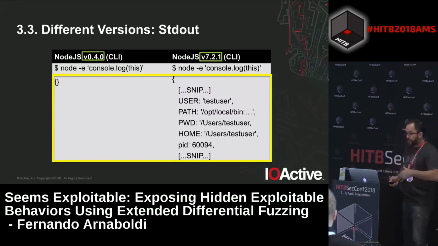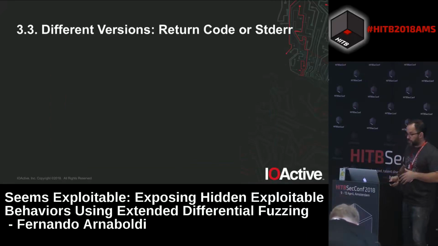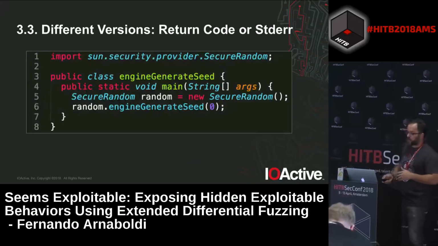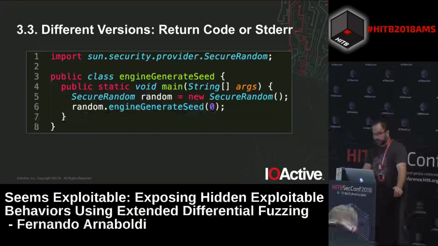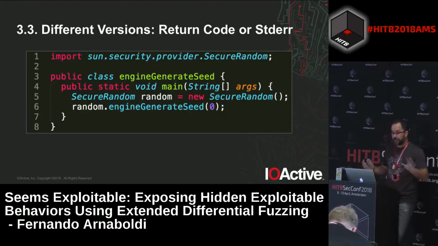Still talking about different versions. Oh yeah, because we were talking about Java. This is another random functionality. I really wanted to find something more interesting, but I still want to share that in different versions of Java, you may see a different behavior.